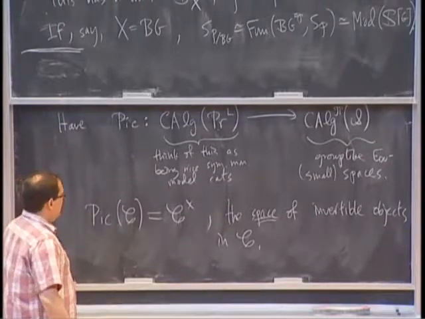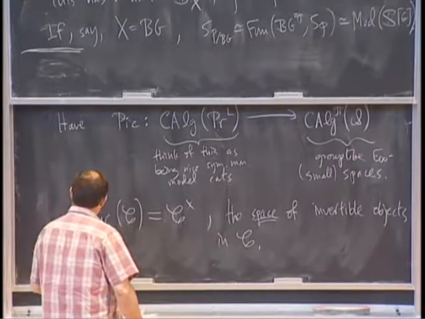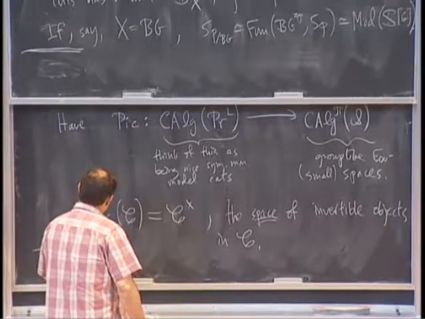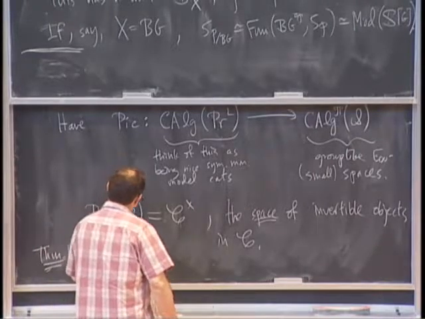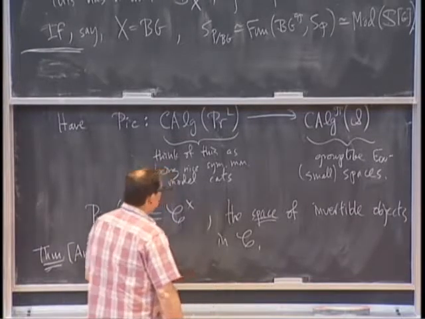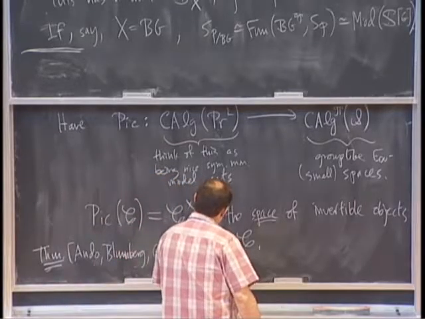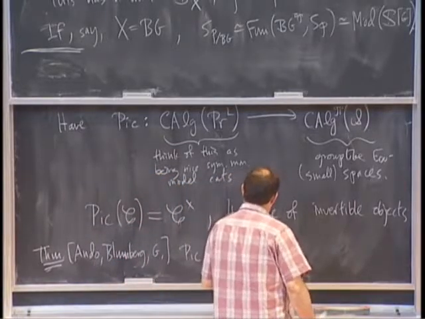And the observation, which is a theorem in a paper with Ando, Blumberg, and myself, is that Pic has a left adjoint.